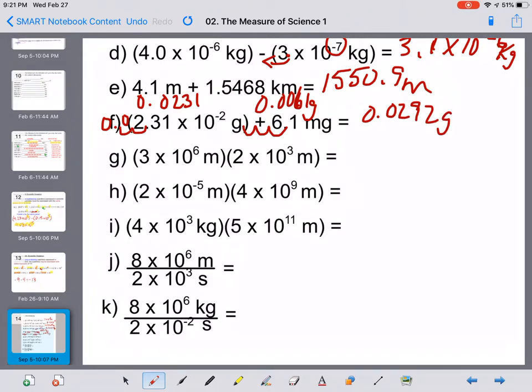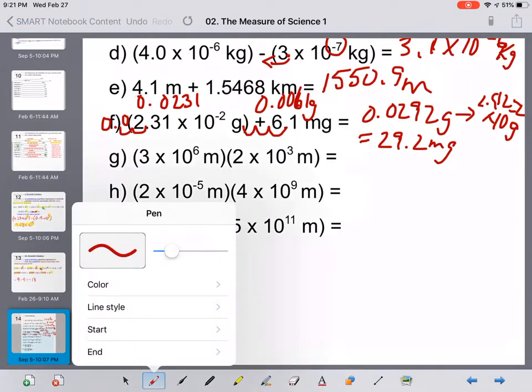I could multiply that back out by 1,000 if I wanted, and I could get 29.2 milligrams, or I could put this in scientific notation and say that I have 2.92 times 10 to the negative 2. And in that case, it would still be in grams.